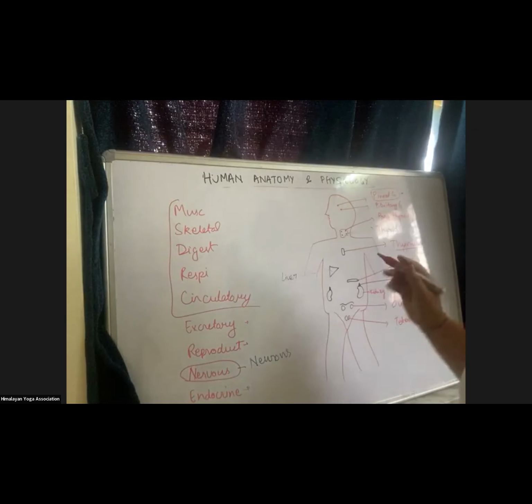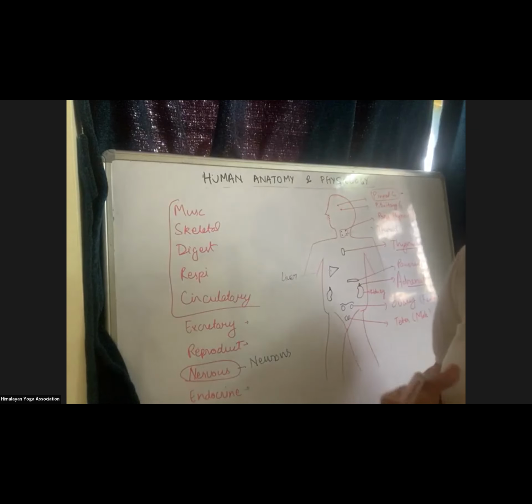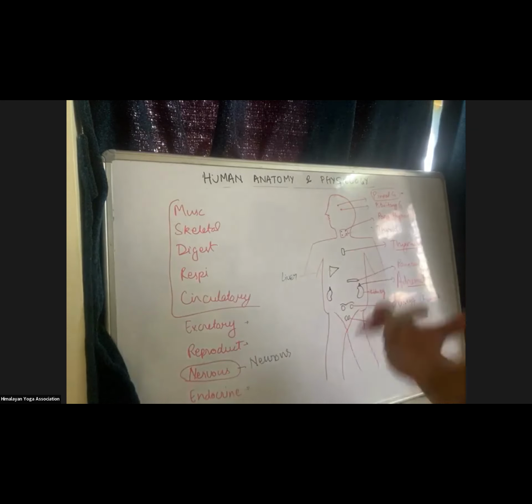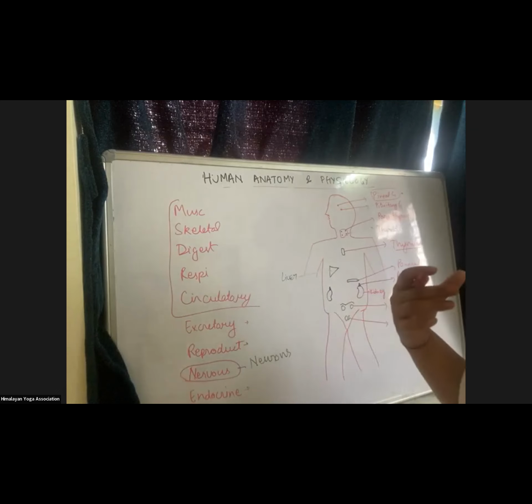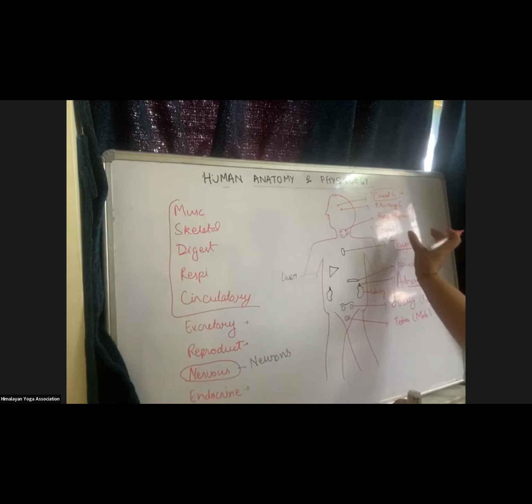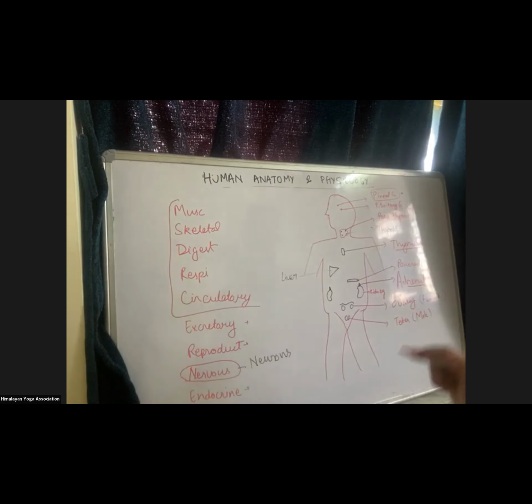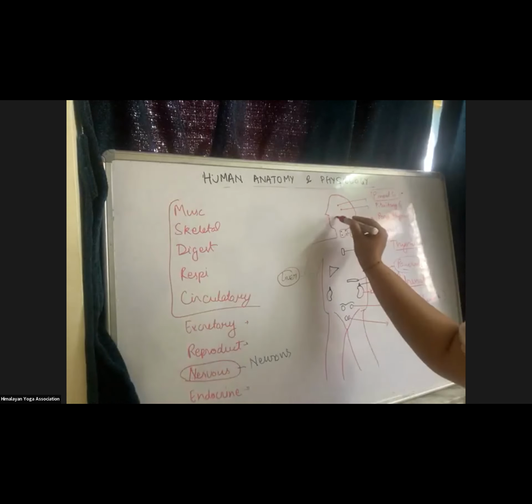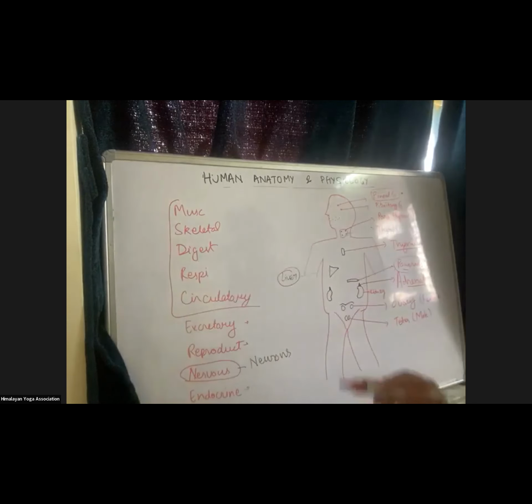During childhood, this thymus is enlarged because kids require more immunity, and after the age of 20 or so, it reduces in size. Then we have liver. Liver is in digestive system. Pancreas is in digestive system, and so are the salivary glands here.